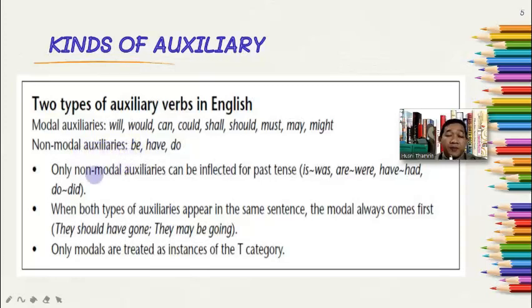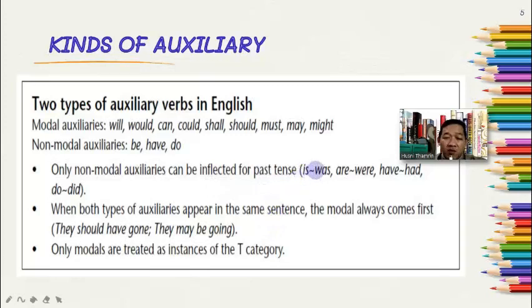Only non-modal auxiliary can be inflected for the past tense. Non-modal auxiliary like be, have, do, can be inflected. Di sini dapat berubah, infleksi, dalam bentuk past tense.